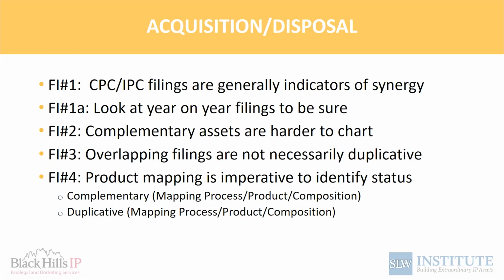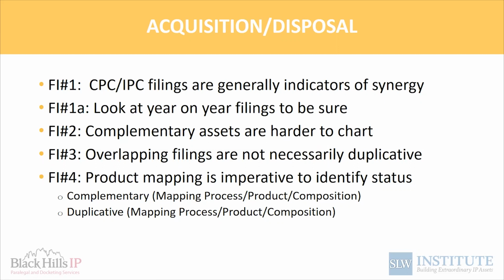So I think those are good first indicators of synergy. When I'm looking at an acquisition or disposal, or somebody trying to argue how a patent portfolio fits together or doesn't, forensic inference number 1 and number 2 are really good places to start if you need something quickly.